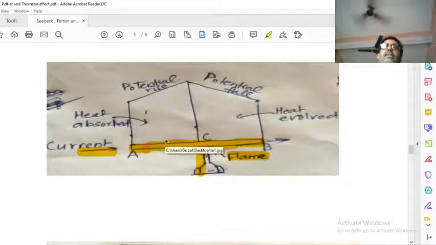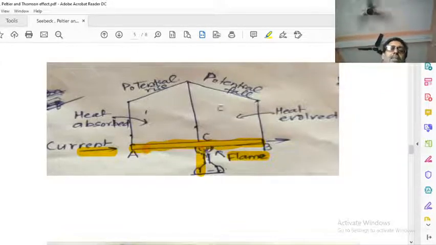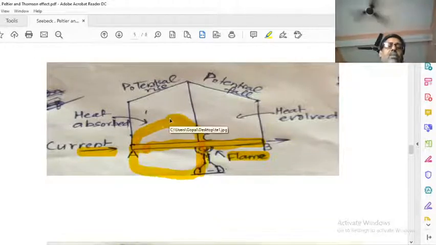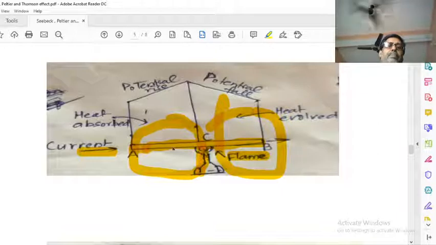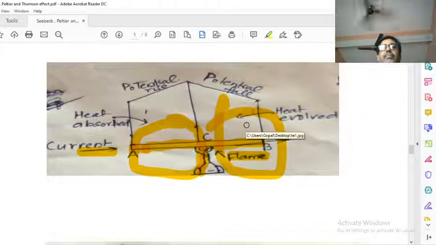Then the result is very surprising, because everybody expects that if heat is given to the middle portion, heat will be distributed uniformly on either side. But here it is seen that one half portion is cold and the other half portion is hot. Means in one half heat is absorbed, in the other half heat is evolved.